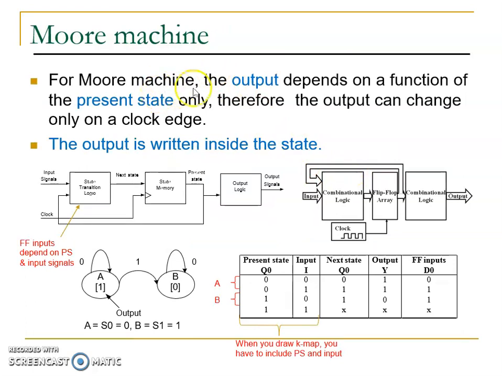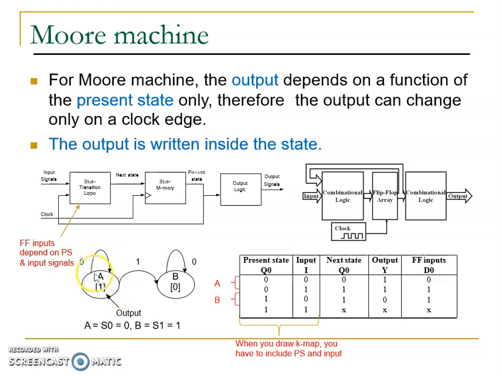So for Moore machine, the output depends on a function of the present state only. Therefore, the output can change only on a clock edge. So the output is written inside the state, as you can see from this state. Compared to counter state, for FSM in state we have input and output.